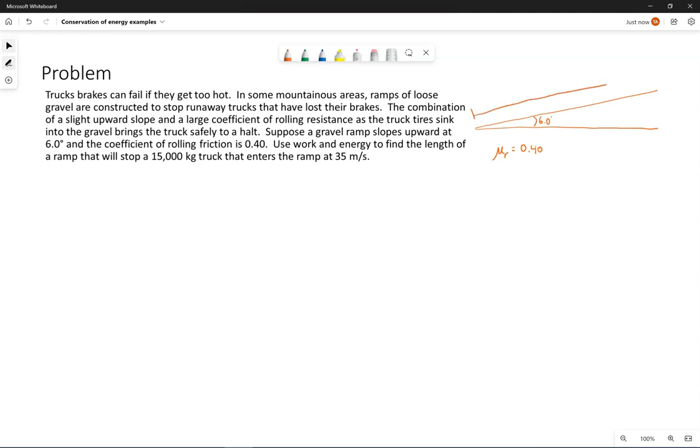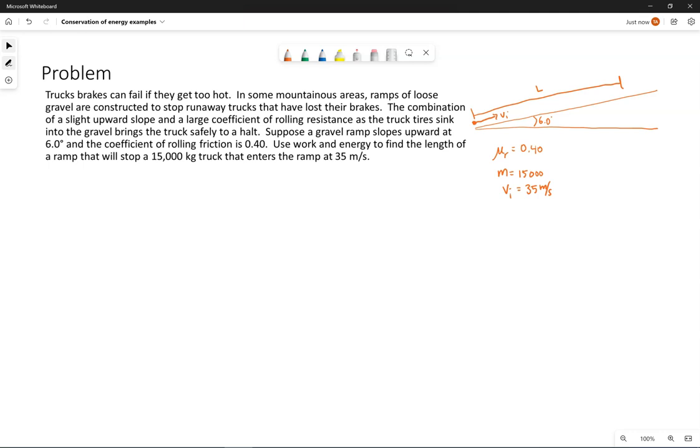So however long the ramp is, that's going to stop our truck that has a mass of 15,000 kilograms. And we're assuming the truck is traveling at 35 meters per second as it enters the ramp.